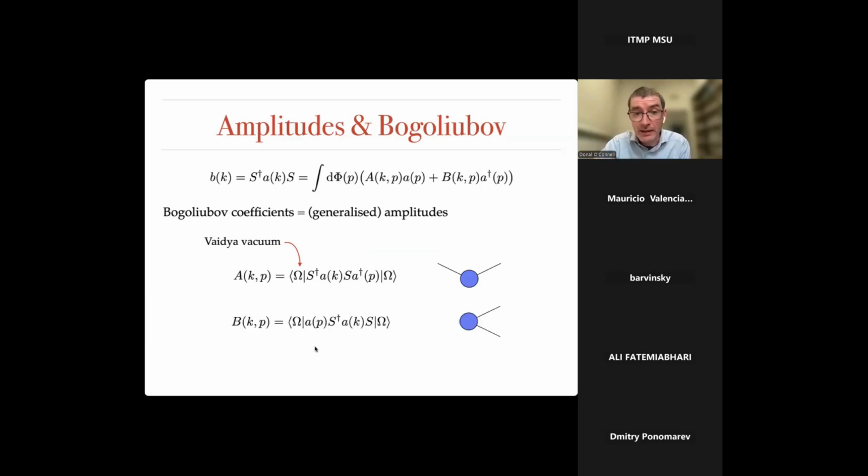Similarly, the B is given as another generalized amplitude. I tend to think of the A as being something like 1-to-1, because you create a particle and you annihilate a particle. This B is something more like 0-to-2 because there are two annihilation operators. But bear in mind that there are, if you want, the different branches of the Schwinger-Keldysh contour.